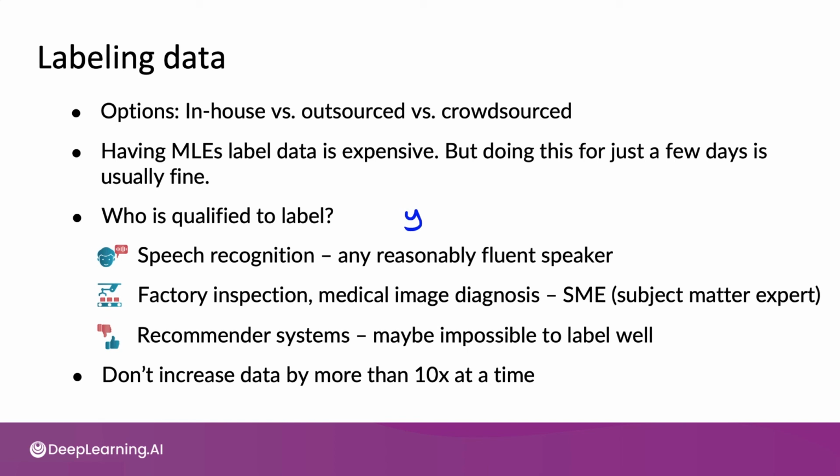So if you have 1,000 examples and you've trained your model on 1,000 examples, maybe it's worth investing to try to increase your data set to 3,000 examples or maybe at most 10,000 examples. But I would first do a 10x or less than 10x increase first, train another model, carry out error analysis, and only then figure out if it's worth increasing it substantially beyond that.